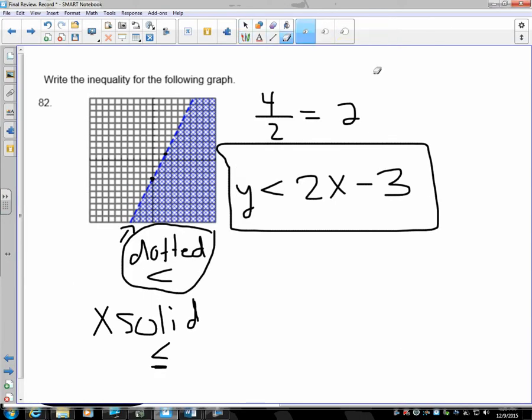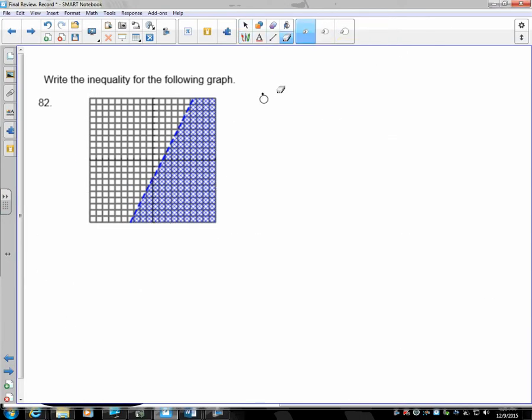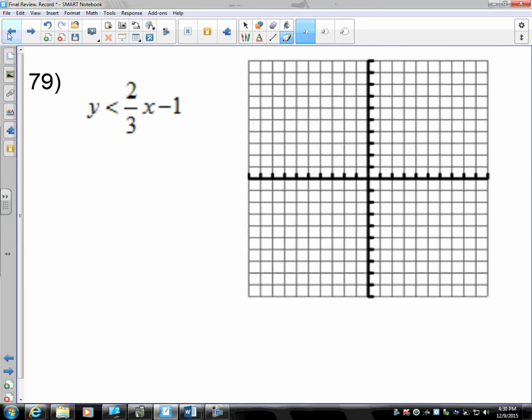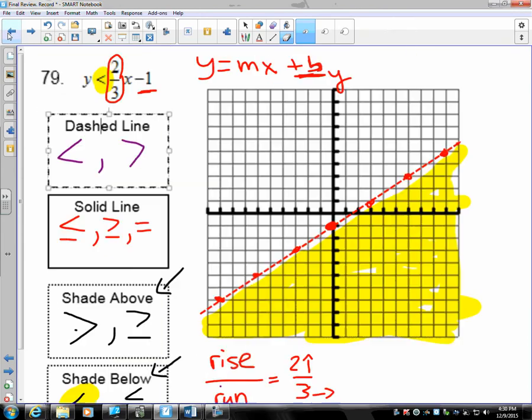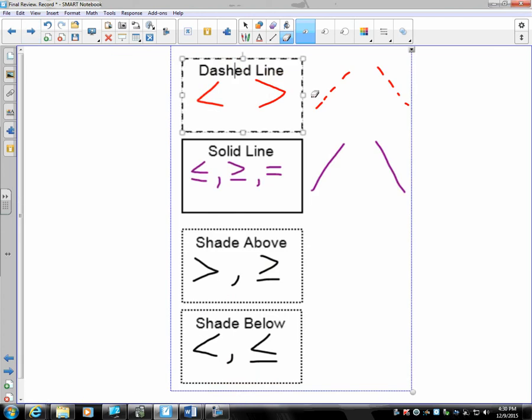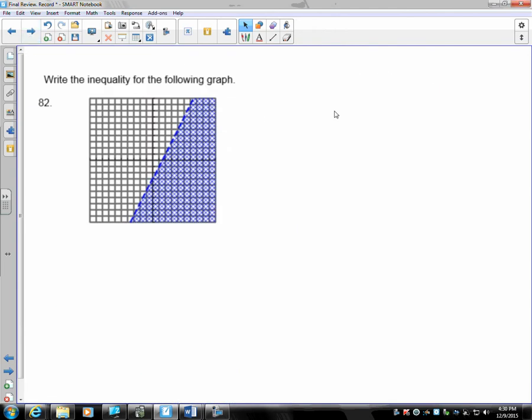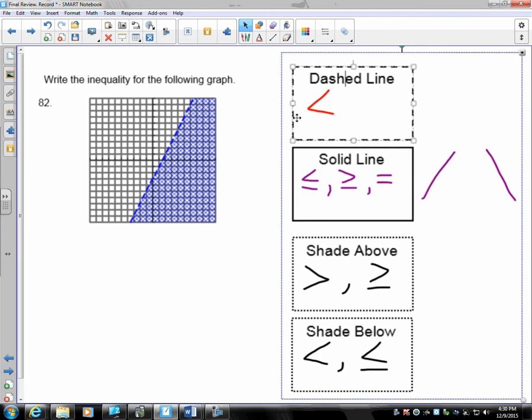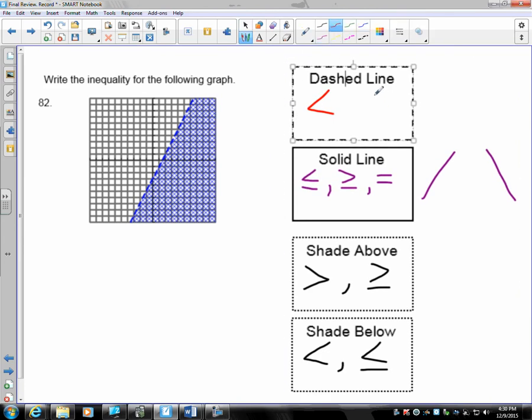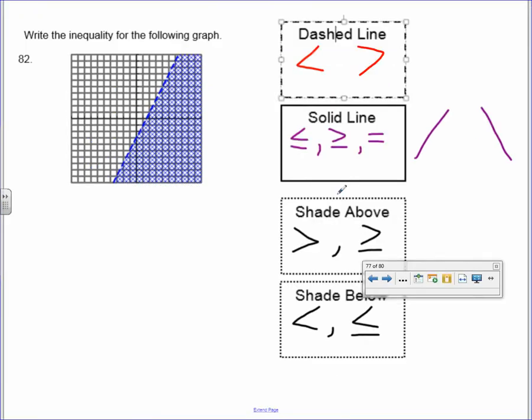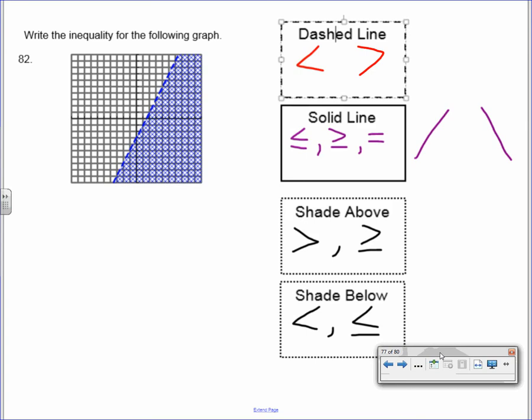All right. Now let's look back at the little organizer we used for number 79. And let me grab that for number 82. All right, and something got deleted, so let me put that back there. We need to write the inequality for this graph.